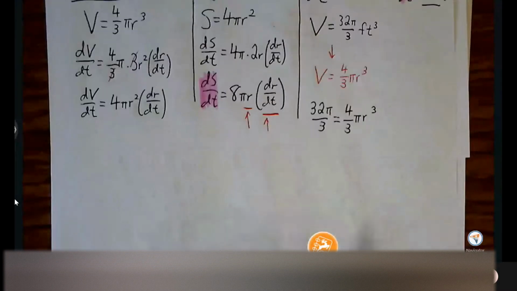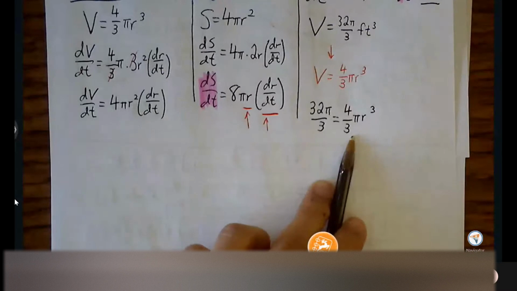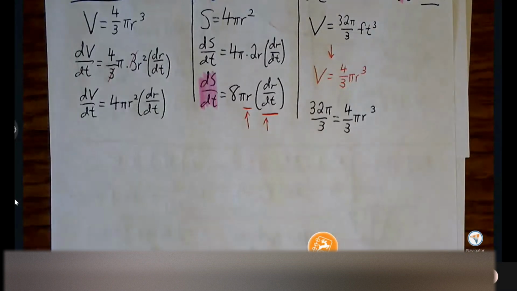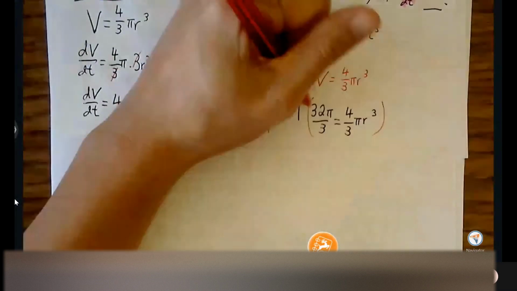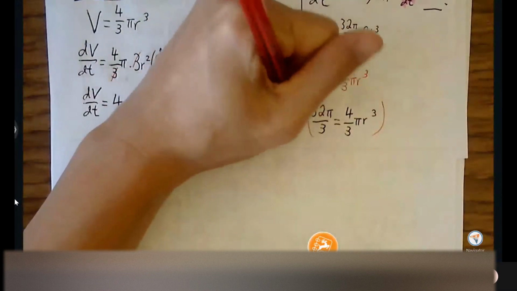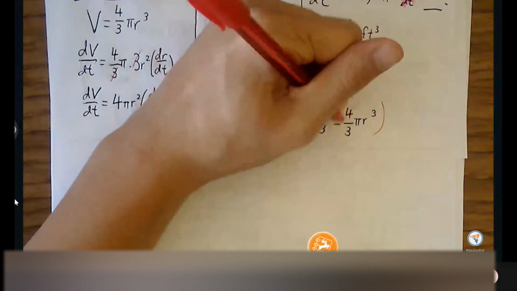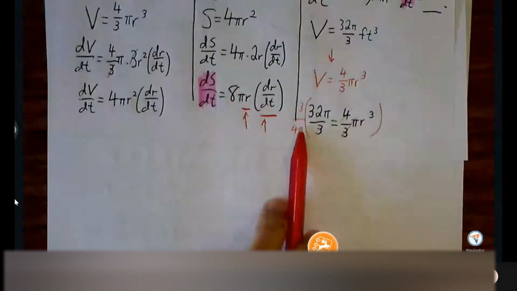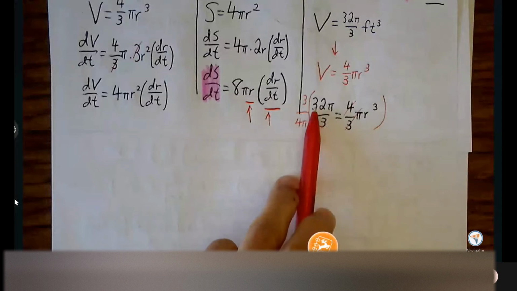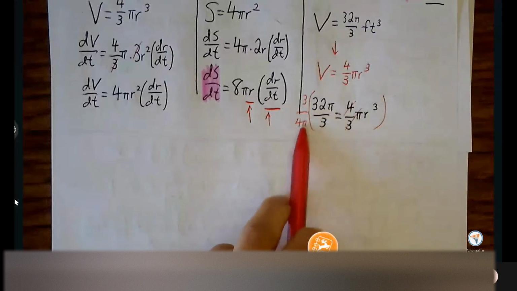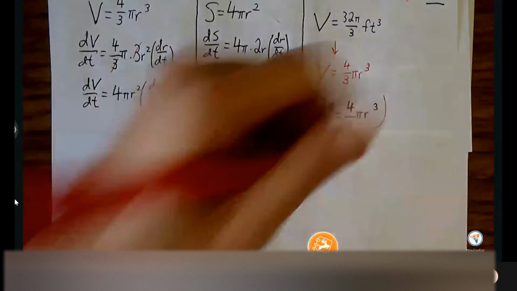Okay, if I want to solve for r, I'm going to divide both sides by 4/3 π. Dividing by a fraction is the same thing as multiplying by the reciprocal. So if I multiply both sides by 3 over 4π, I can get this to go away. And really, I'm just multiplying this, right? So I get the π's to cancel out. I get the 3's to cancel out. I get 32 over 4, which is just 8.